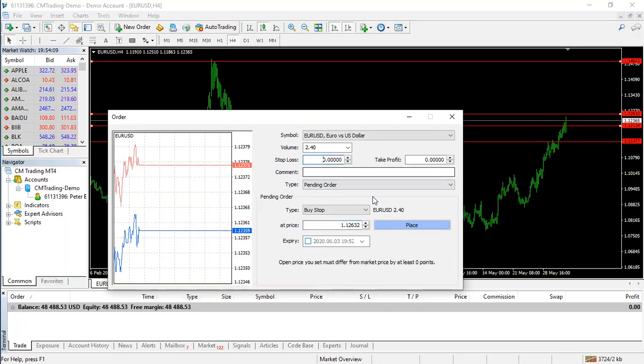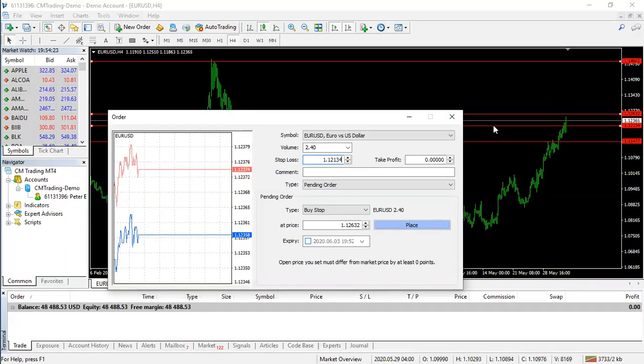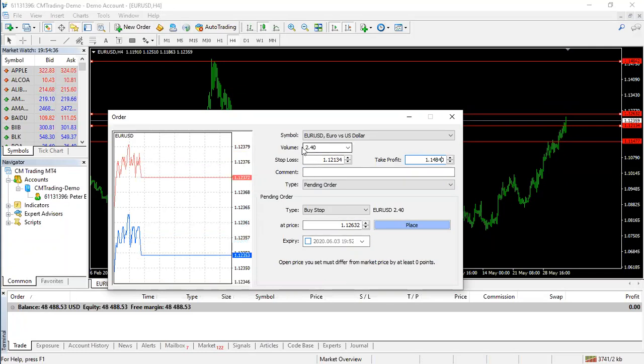So you put the stop loss, okay? 1.12134, okay? Then our target is 1.4842, okay? So we'll put our take profit as 1.1484, okay?